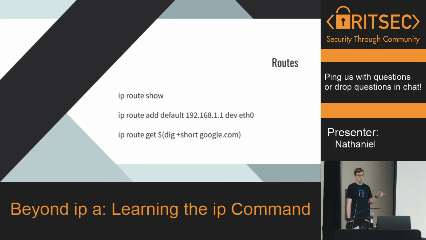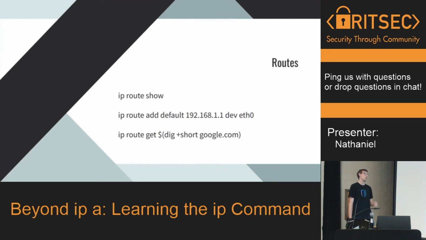And finally, a super cool one is ip route get and then an IP address. You can also use $(dig ...) to get that IP address. It'll show you which interface that IP will take, or what route it'll take.